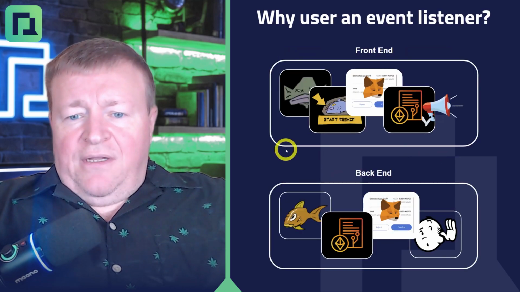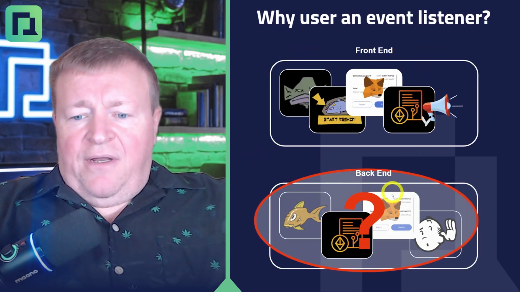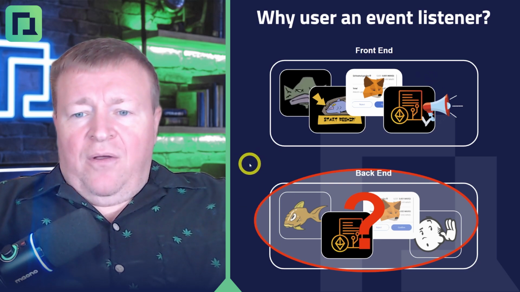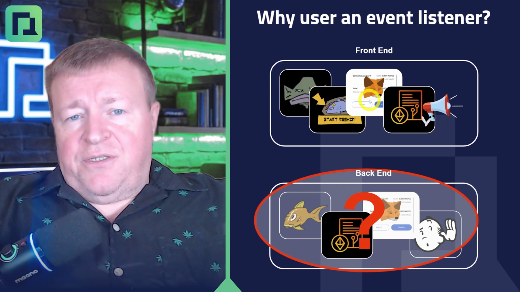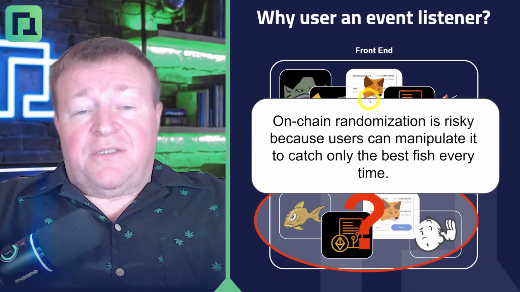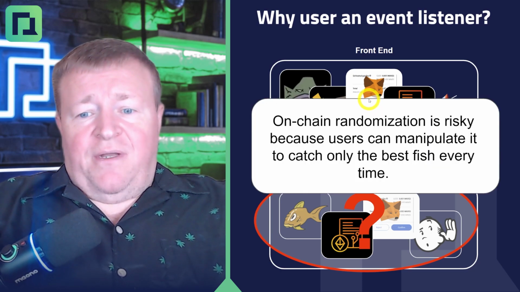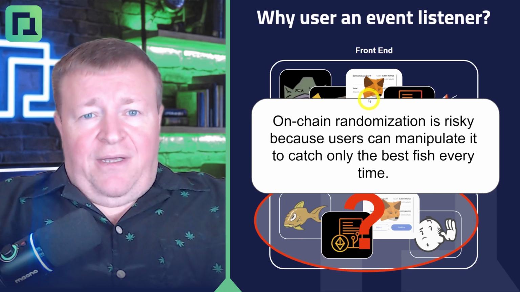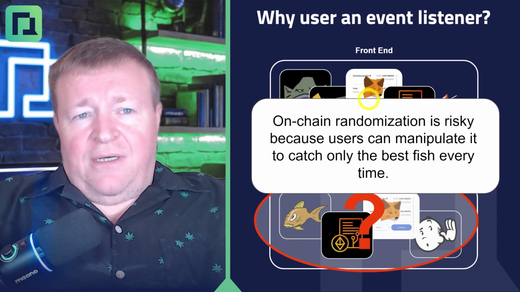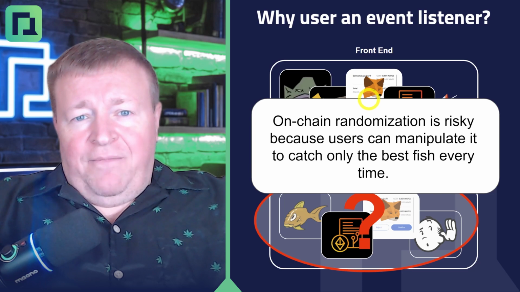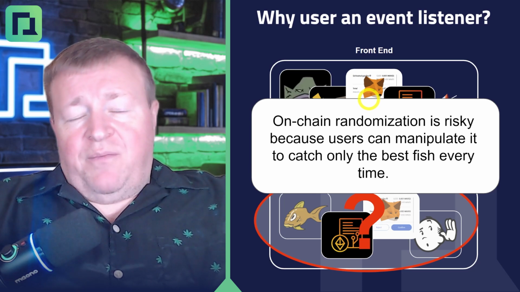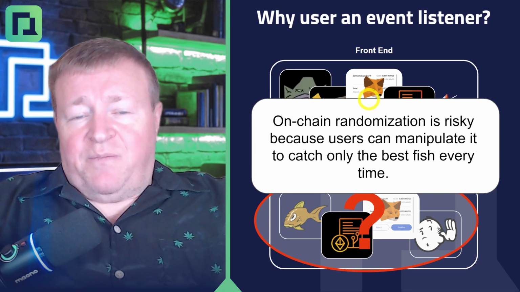So why use an event listener? What's the purpose? We have our front end, we have our back end. So why can't we just give a fish when the user calls the fishing event? Because on-chain randomization is deterministic, and so users can manipulate it to only catch expensive fish. The way they do that is you could set up a contract that would do the fishing, but would revert if you didn't catch a good expensive fish.